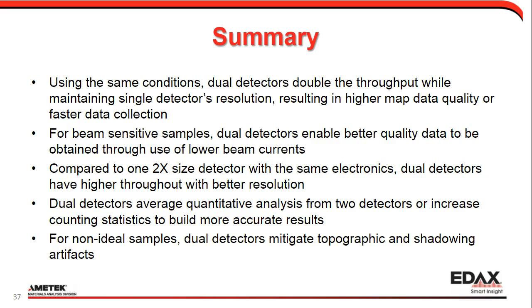Alternatively, you can look at the average of the quant results, so not average the spectra, but average the quant results, and in that way build more confidence. For the mapping part of it, the dual detector is quite efficient at showing the topography for one, but also you can mitigate the topography and shadow artifacts by doing various tricks, such as the max map you can build from the two detectors.